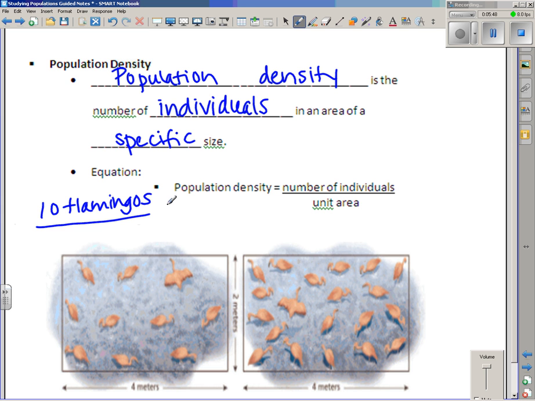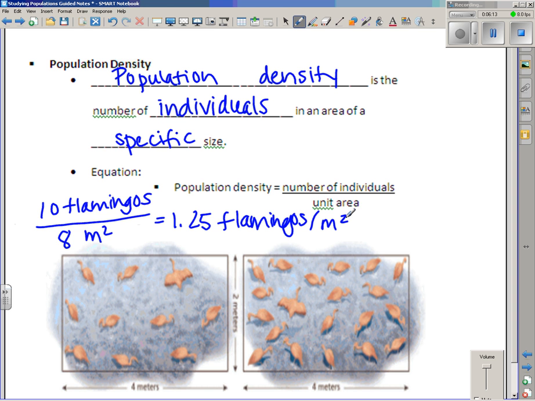And you need to find out the area. So it's 4 meters by 2 meters. So that is 8 square meters. You divide that out, you would find that you would have 1.25 flamingos per square meter.